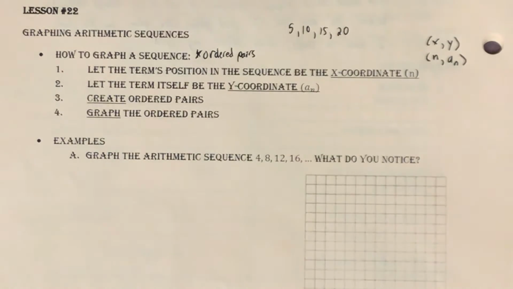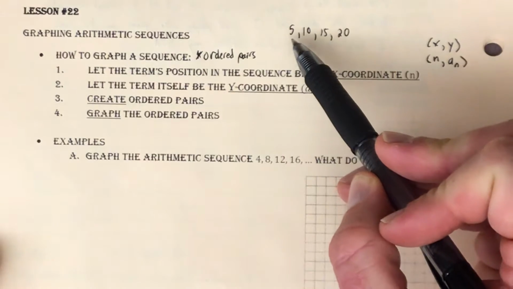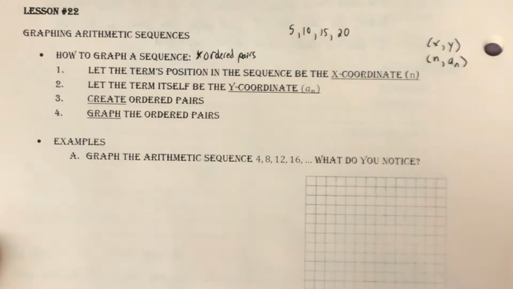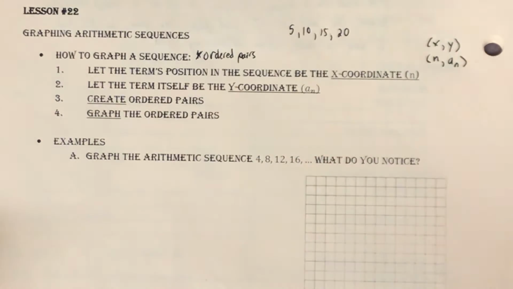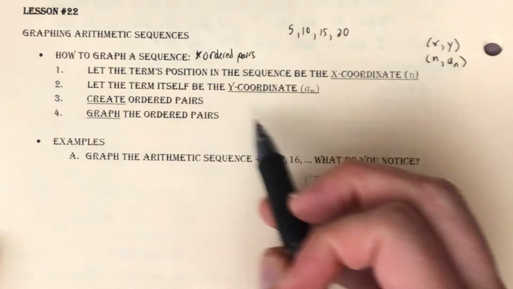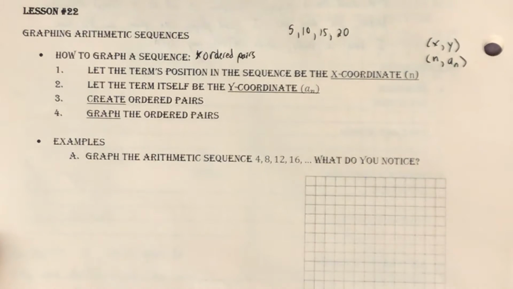So again, back to step 1, let the term's position in the sequence be the x-coordinate, or the n. When we're talking about its position in the sequence, like I talked about in the last lesson, 5 would be the first term, so its position in the sequence would be 1. Then we let the term itself, whatever its number is, be the y-coordinate.